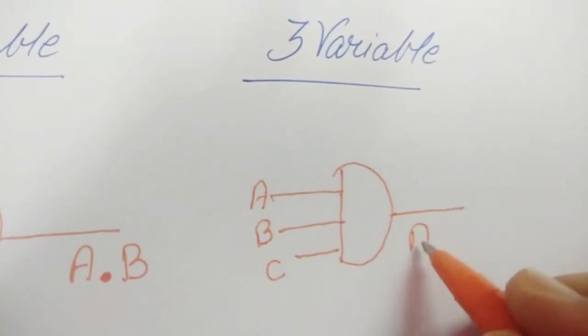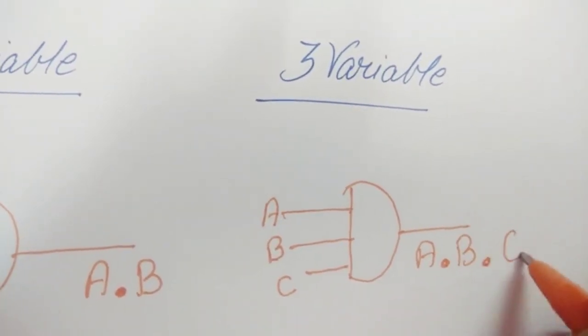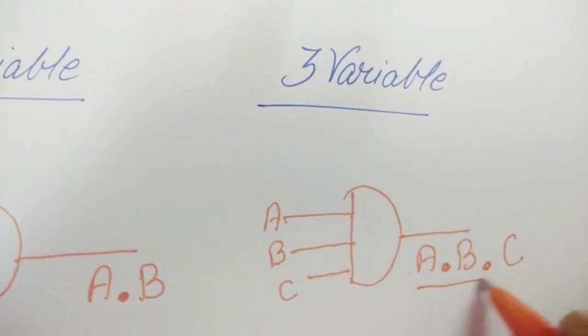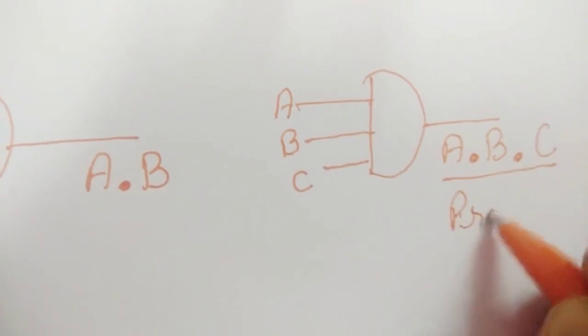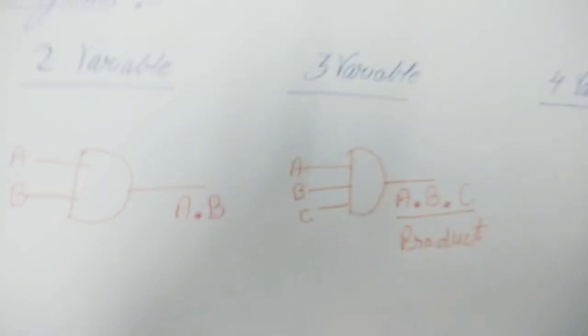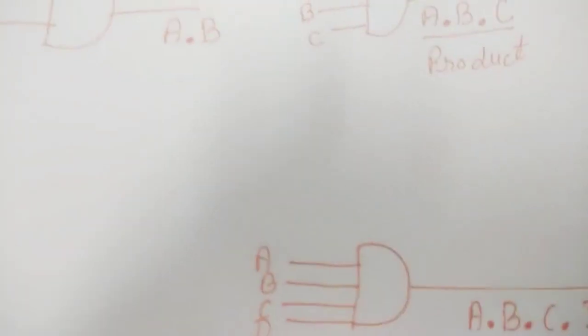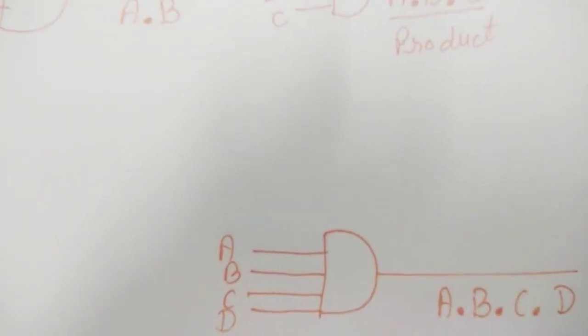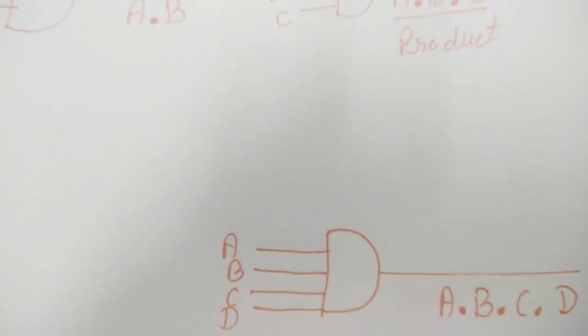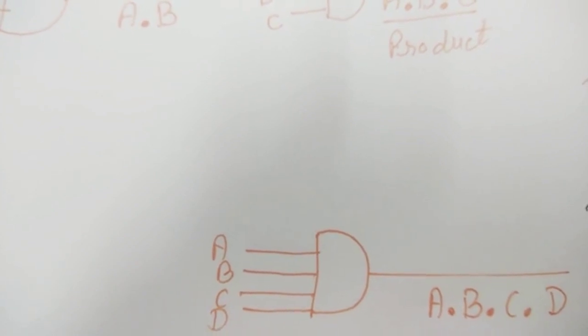The output will be A dot B dot C. We call it product, product of 3 variables. Same way you will draw the diagram of 4 variables. This is the diagram. How many inputs I have given? 4. A, B, C, D. And what will be the output? A dot B dot C dot D.